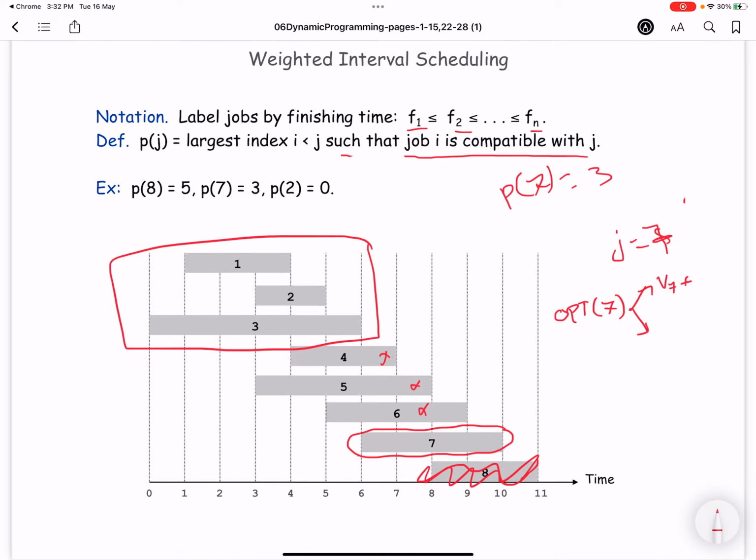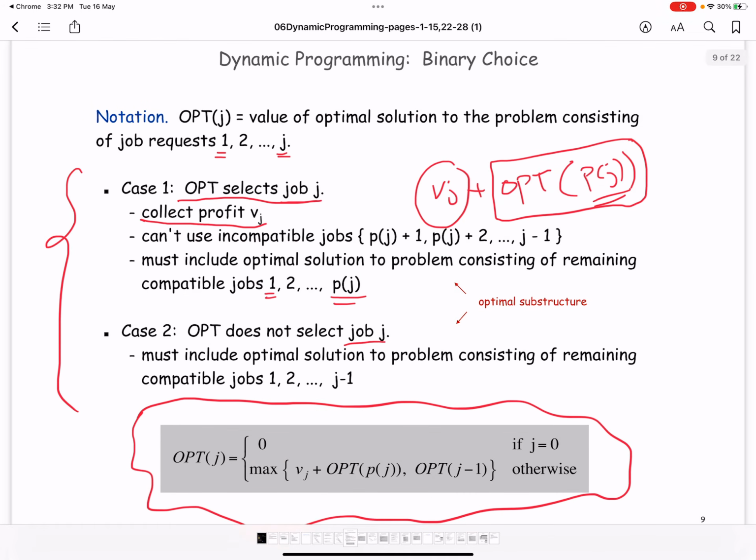So it's V7 plus opt for the first 3 jobs, or opt of Bj. Okay, so this is exactly the first case. If you look here, in the first case, we add Vj plus opt of Bj.